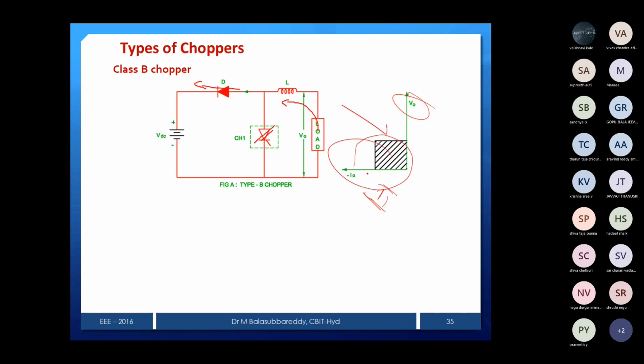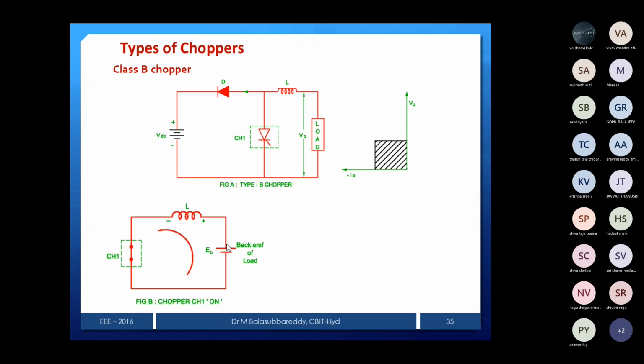Whenever you require only the second quadrant, we can use a class B chopper. That's what I mentioned here. A back EMF or a battery must be present and it will raise the current like this. Then the output voltage is 0, the current will rise, and the inductor is going to store the energy.